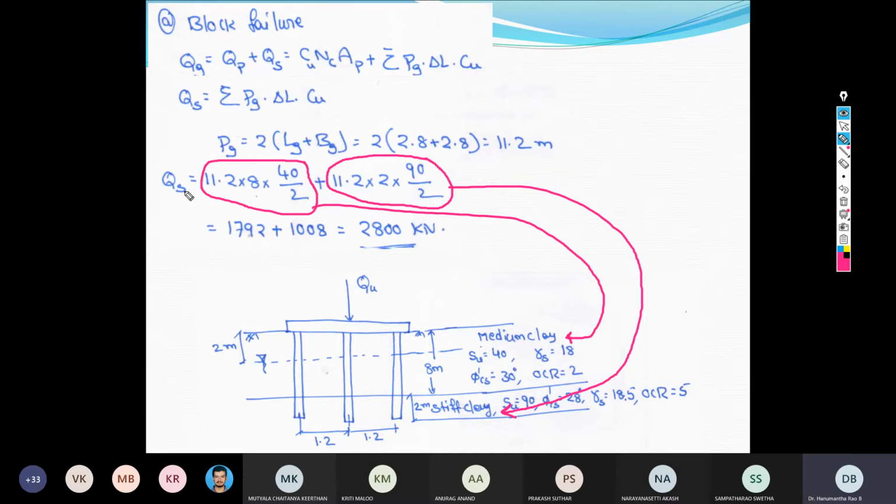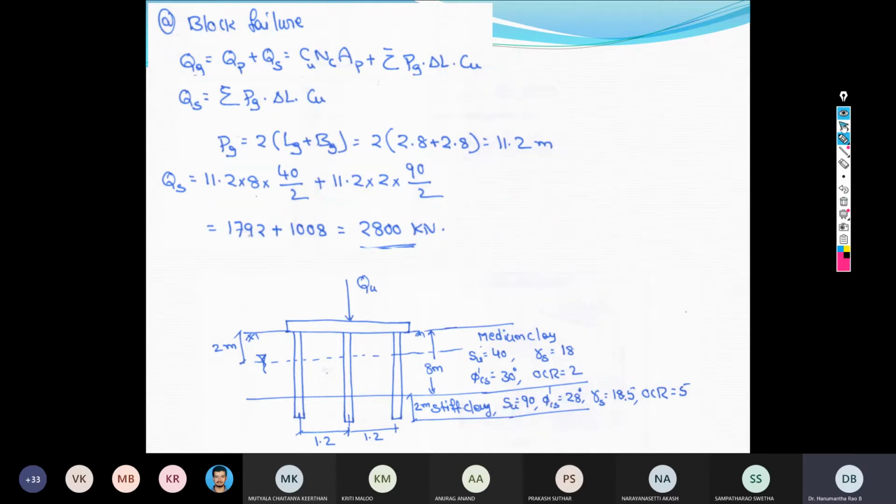So what you get, Qs is 2800 kilonewton. The next step is very simple. The pile group capacity, treating it as a block failure, Qg is equal to Qp plus Qs.